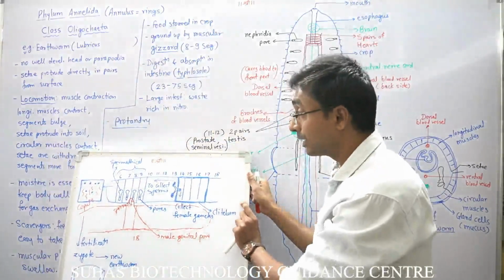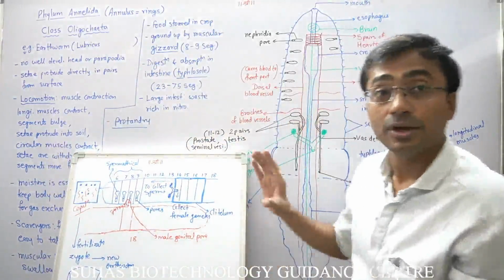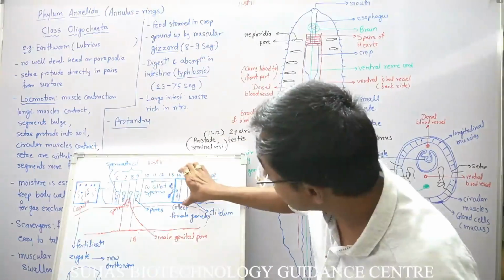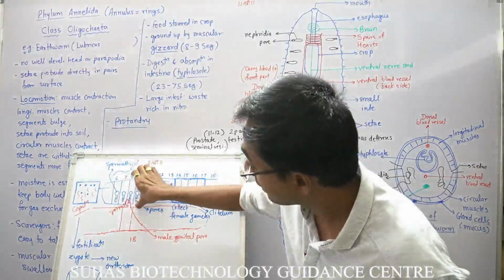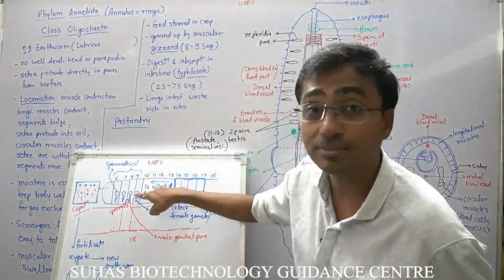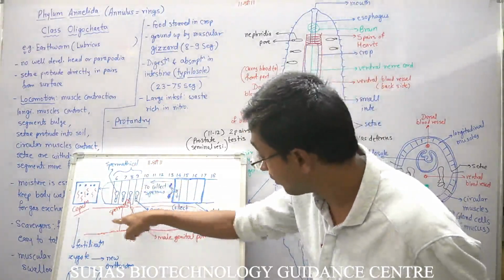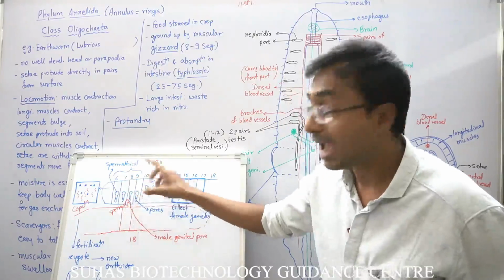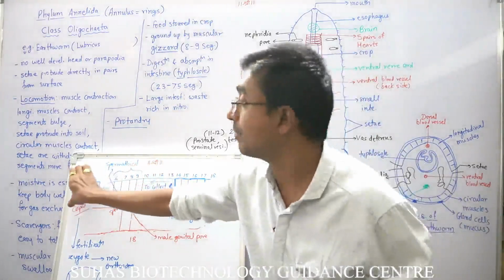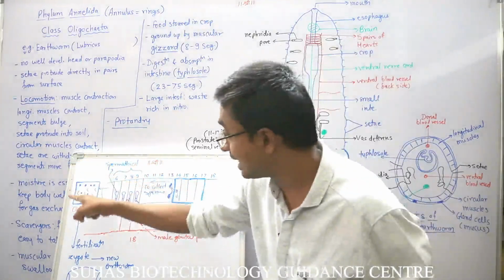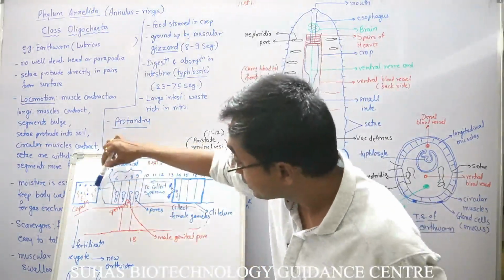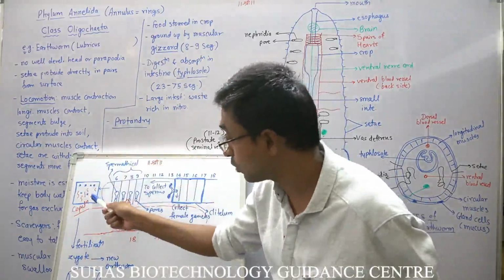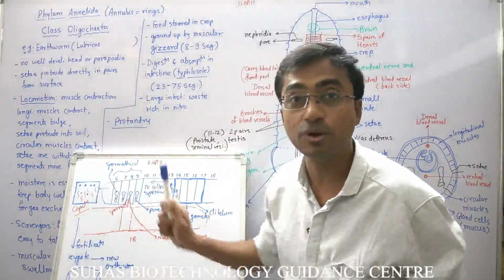As the clitellum moves, it comes to the area where sperms from earthworm number 2, shown in red, were transferred. Now when the clitellum comes out of the body, it will have many ova, or female gametes, and many sperms. Sperms are shown by this red color and ova by this blue color.